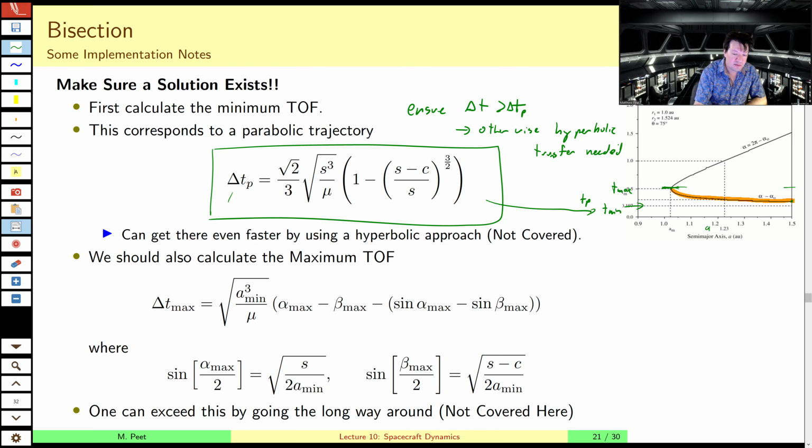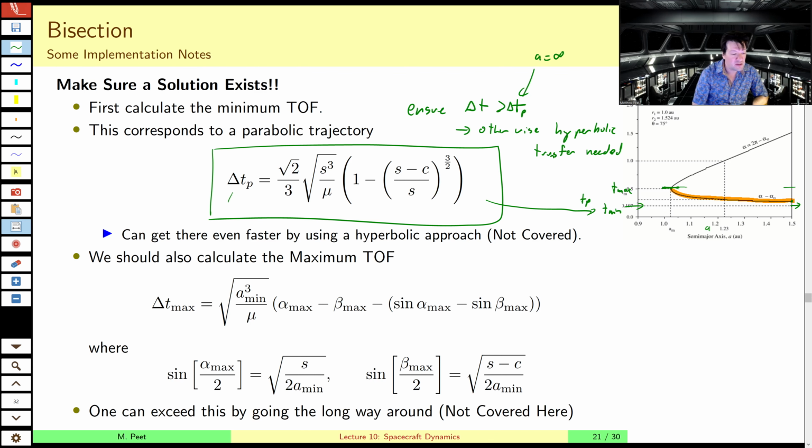So that's the max. Is there an A corresponding to that? No, right? The A corresponding to it is at infinity, right? Corresponding to that delta Tp. So when you calculate this number, if delta T is approximately equal to delta Tp, that should tell you that your initial guess for A max should be large.